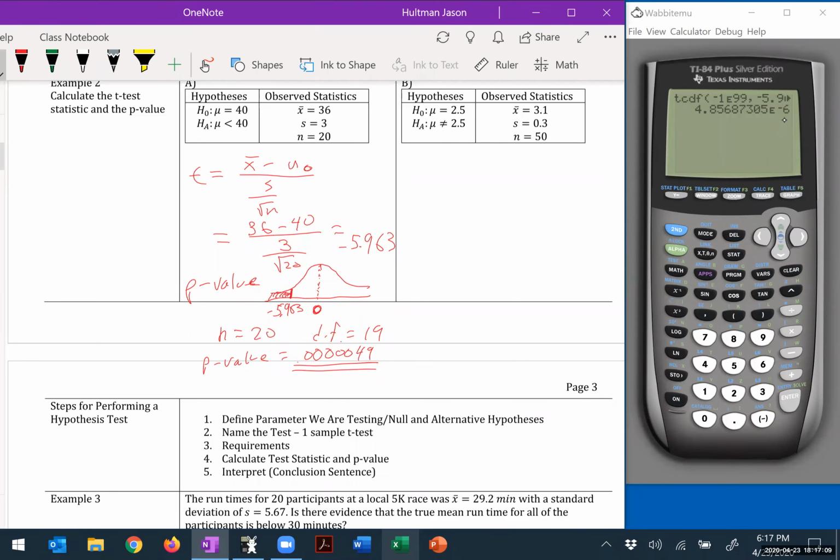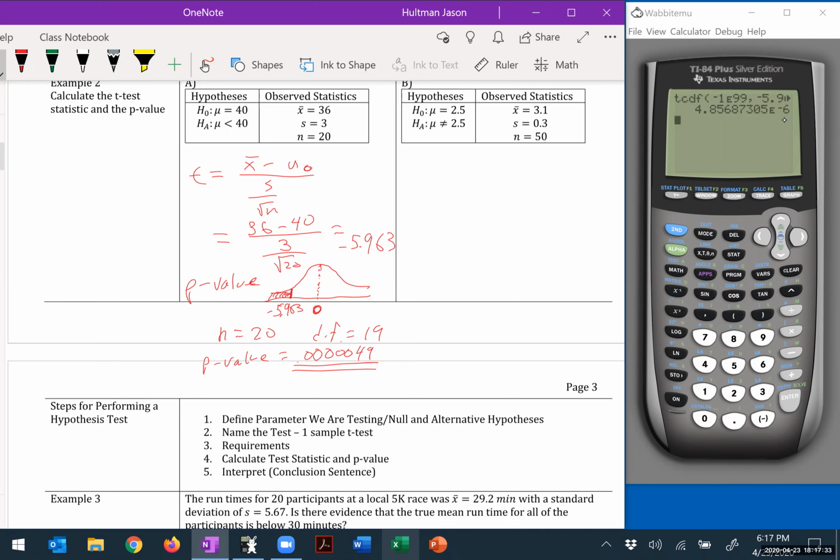So in this case, is mu 40 going to be my claim that I'm going to go with? Am I going to accept H0 or am I going to reject H0?